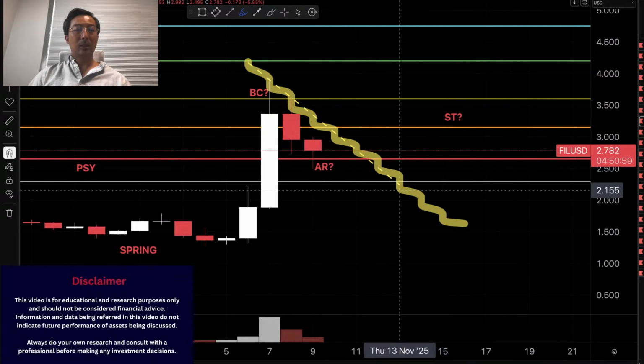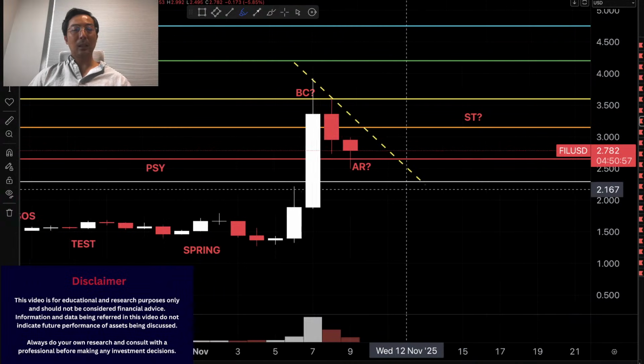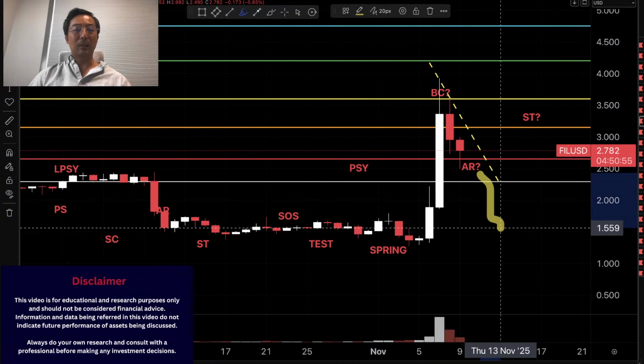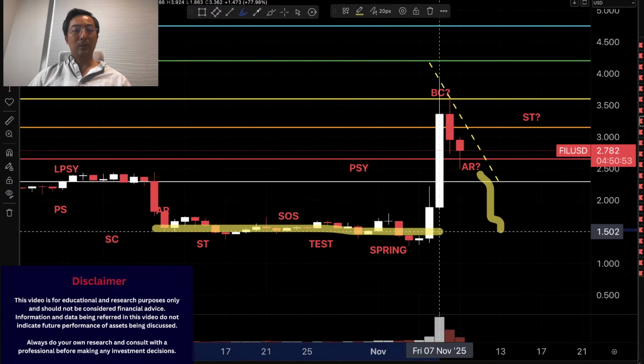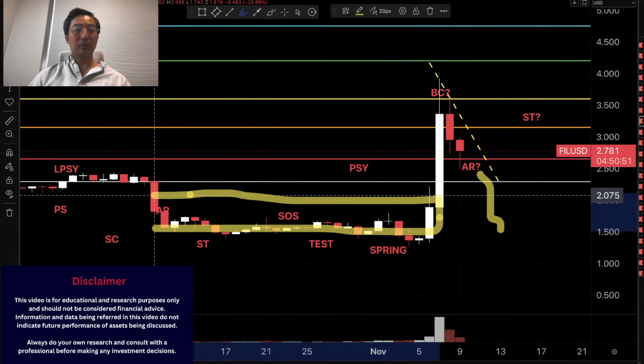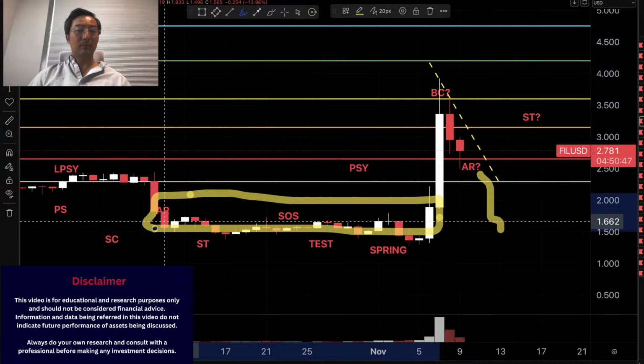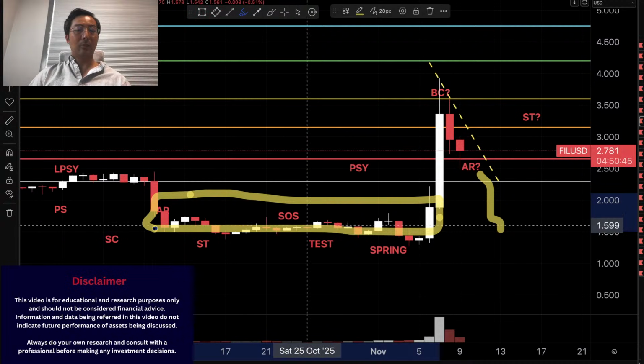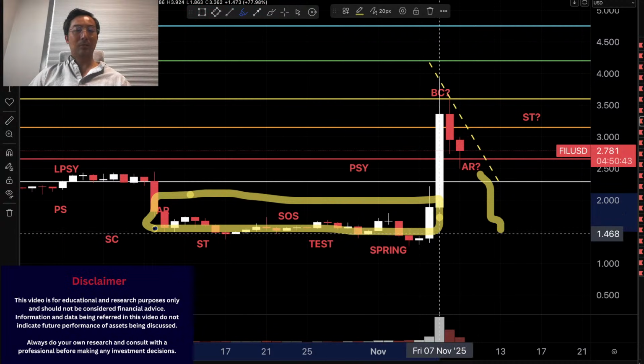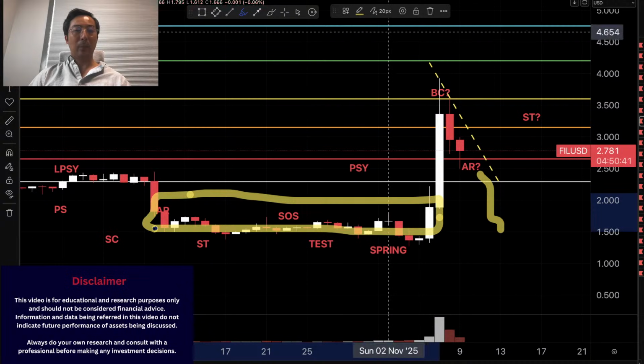So the next 3 days is going to be key, because if it really comes back down, Filecoin may have to go through another similar period that we had during like second half of October and also the first week of November. All right.